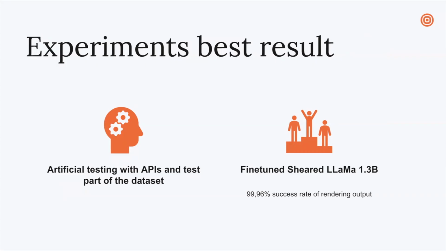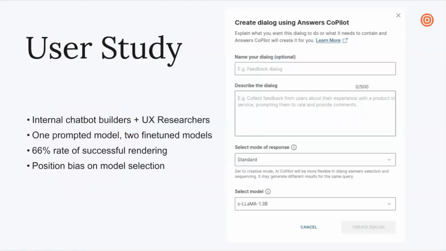Now that we artificially tested it, we also did a user study. We connected these fine-tuned and prompted models to the UI and took our internal chatbot builders and some UX researchers, and tried to see how they would use it and how good it is at outputting something useful. We gave the option of selecting the mode of response, which is just a temperature for the model behind some keywords. If it's standard, it's 0. If it's creative, it's 0.7 temperature.